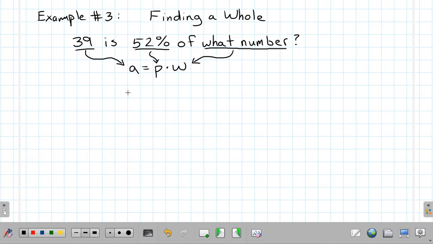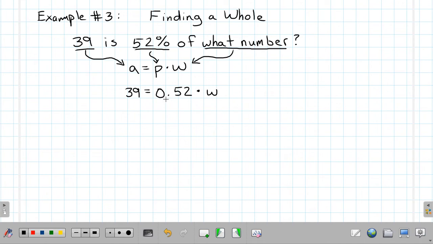So when we plug in, we get 39 is equal to 0.52. So once again, we can't forget, we have to write our percentage as a decimal times W. And this one works very similarly to what we just did in example 2, okay? We want to solve for W. Well, what are we doing to W? We're multiplying it times 0.52.